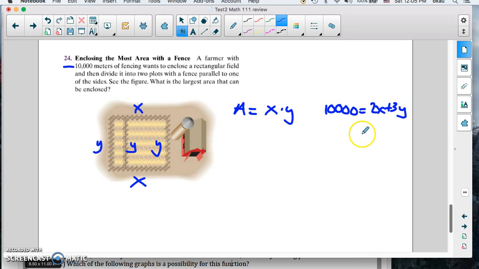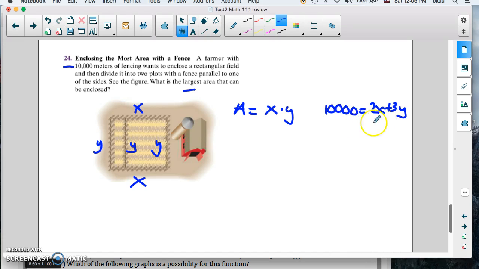So we're going to figure out x or y here, and then substitute in here and write one equation so that we can find the largest area. This is going to be a quadratic because it has two variables that are both single power variables multiplied together.